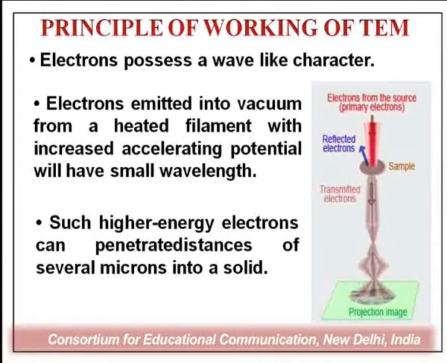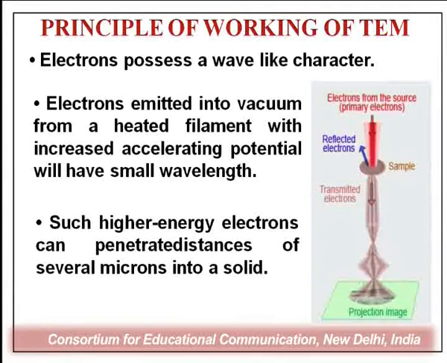The electron beam has a wave-like character. The electron beam passes from the electron gun, and the electrons emitted into the vacuum from a heated filament, with increasing accelerating potential, will have a small wavelength, and such high energy electrons can penetrate distances of several microns into the solid.